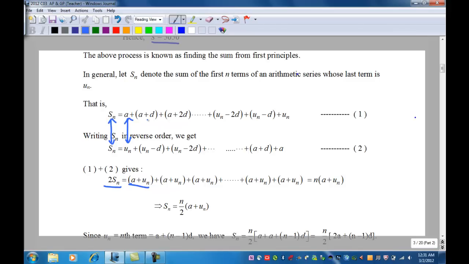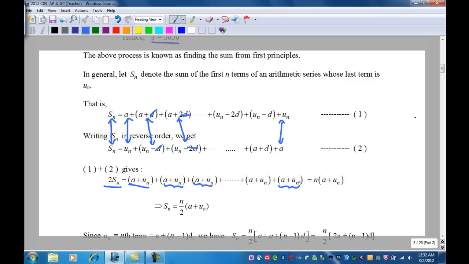The two second terms added up will again generate a plus u subscript n, because the two d's, d and negative d, will cancel out. For the third pair, we find that the 2d and the negative 2d cancel out, and we again get a plus un. This goes on until the last pair, which of course gives us our last a plus un.